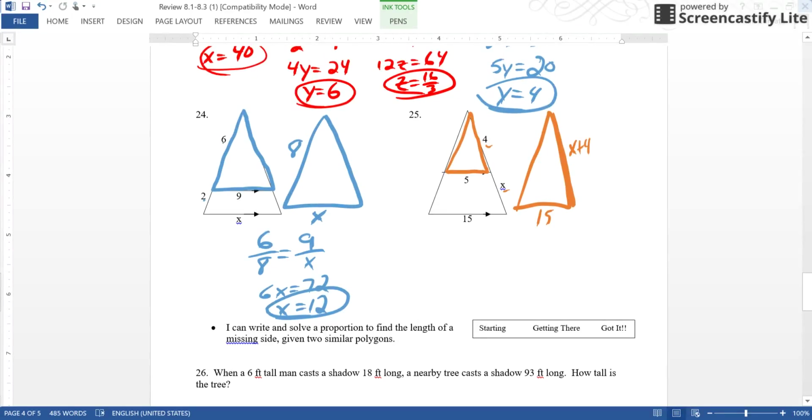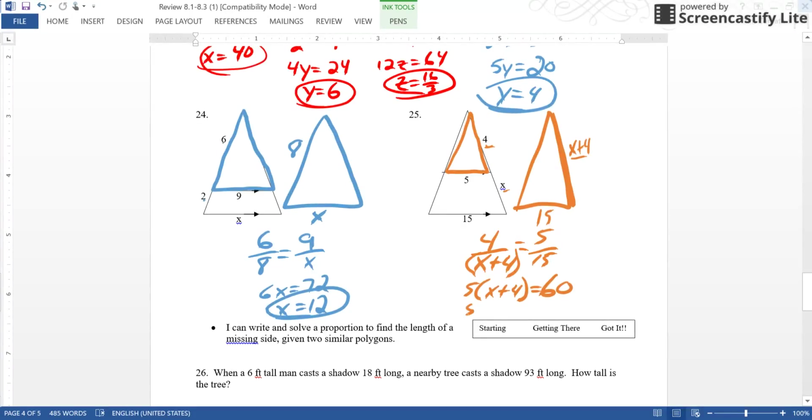All right, now I can set up my proportion. So I can say 4 over x plus 4. I'm going to do the side over this side equals 5 over 15. And put that in parentheses. I'm going to say 5 times x plus 4 equals 4 times 15 is 60.